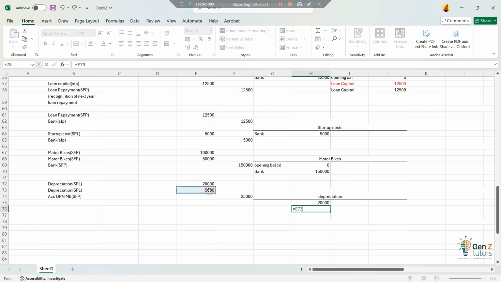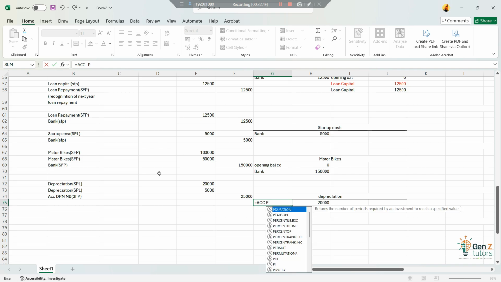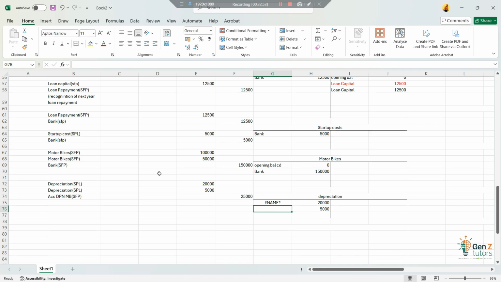And this was all due to what? We were accumulating depreciation. So we're going to credit accumulated depreciation, DPN, accumulated depreciation motorbikes, and then leave that like that.